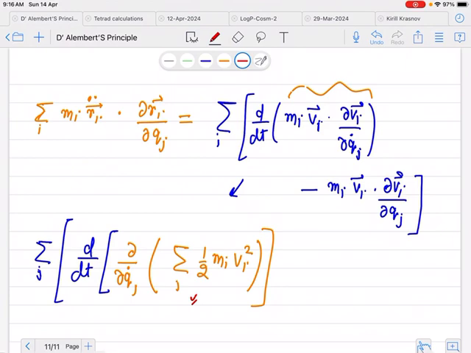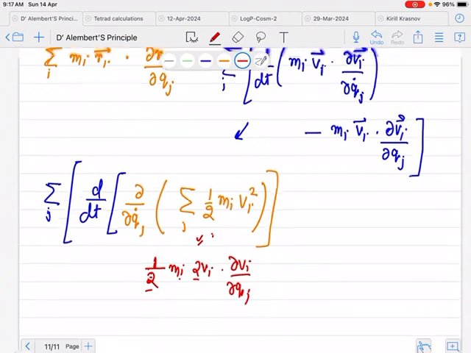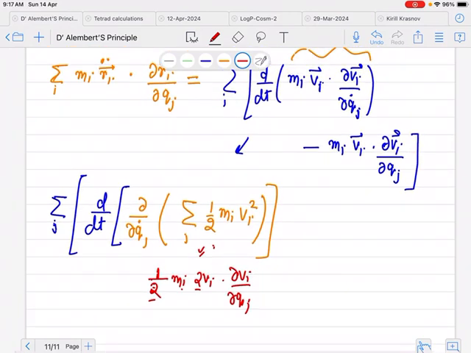Differentiation will be half as it is, mi as it is, V square will be 2Vi, and Vi will be del Vi over del Qj dot. So the 2 cancels, giving mi Vi del Vi over del Qj. So both are the same thing.